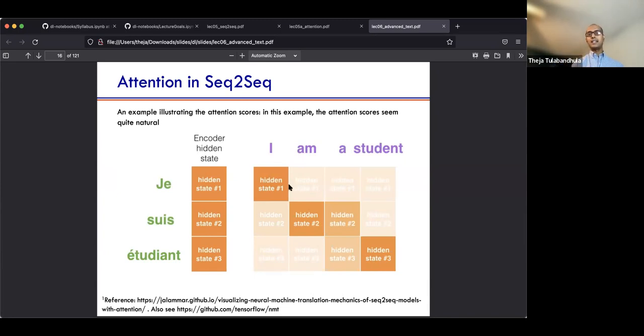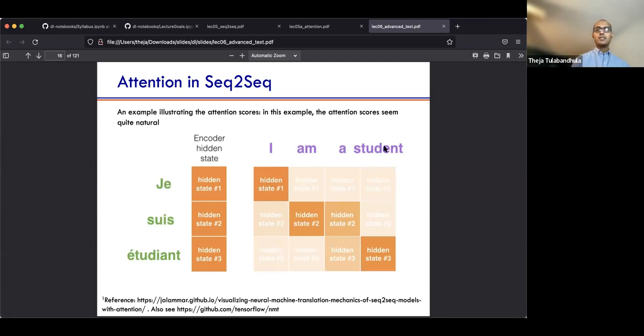You can arrange them as columns. I'm decoding 4 things, so for each one I must have produced 3 attention weights, because there are 3 input words, and so there will be 3 hidden vectors. While decoding the first word, maybe the first word was useful on the input side. While decoding the second word, maybe the second word was useful. For decoding the third word, maybe the second and third words were useful.